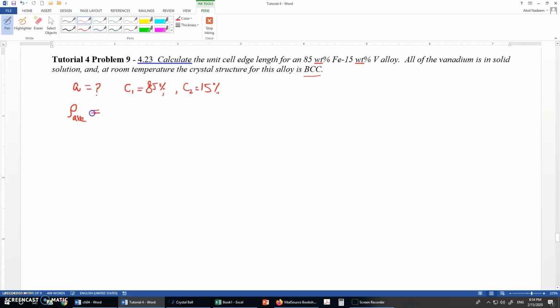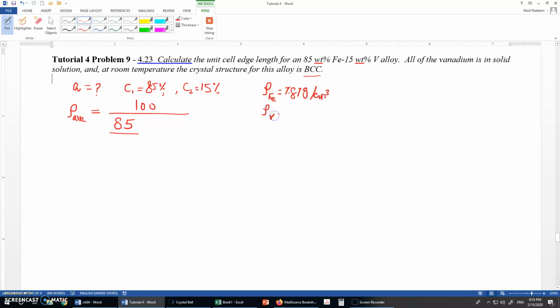We can find the average density by 100 divided by 85 divided by the density of iron. The density of iron is 7.87 gram per cubic centimeter.